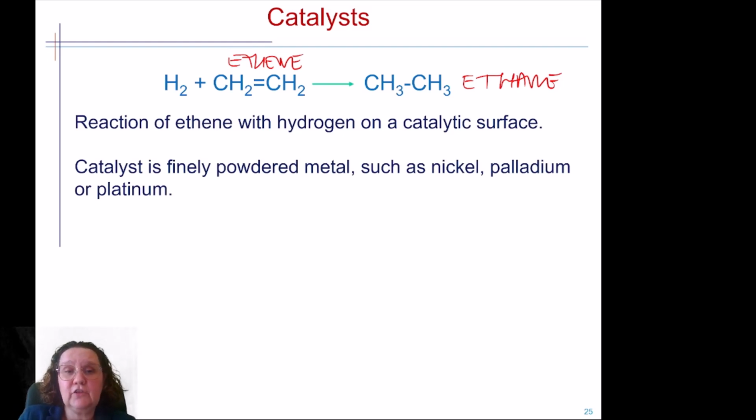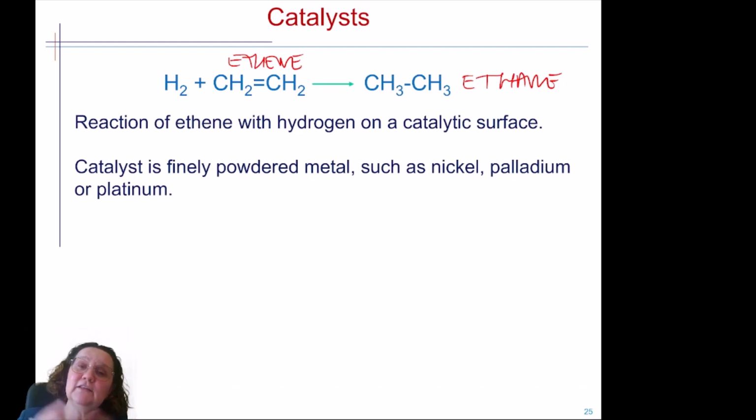And that's it. They're finely powdered, and both gases pass through it, and there are interactions between the surface of the catalyst and the molecules, so it provides a meeting point for those two molecules, the ethene and the hydrogen, to come together and collide effectively.